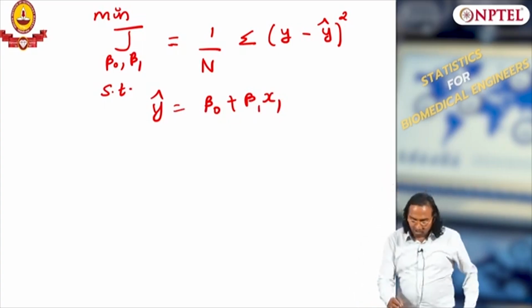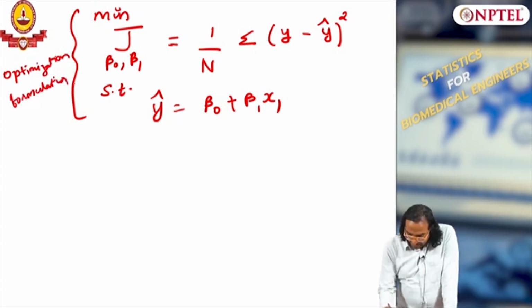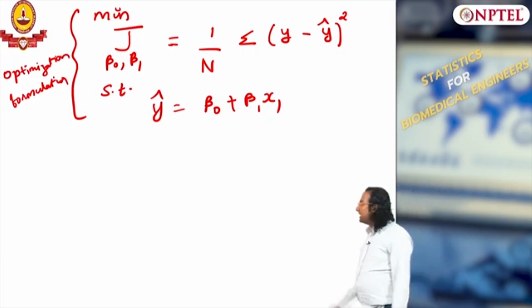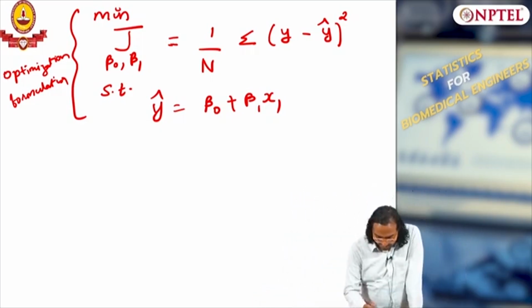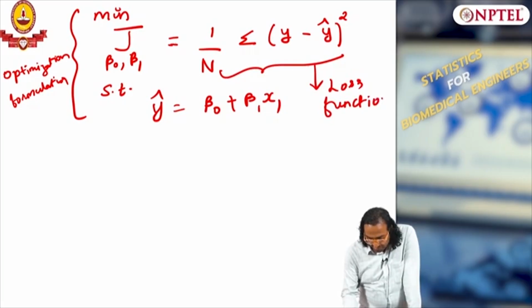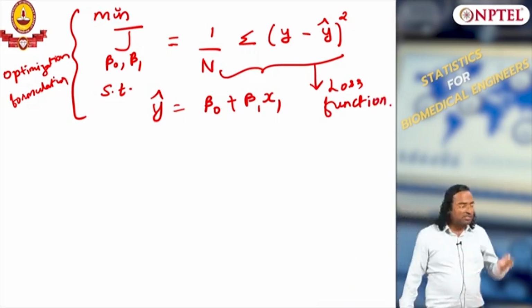So this is my optimization formulation. It typically is this: minimize J, the objective, which we call the loss function, because you want to minimize this loss. Loss is nothing but error.